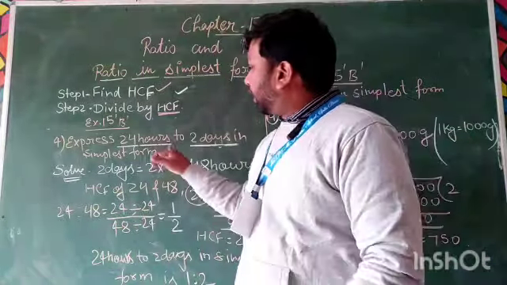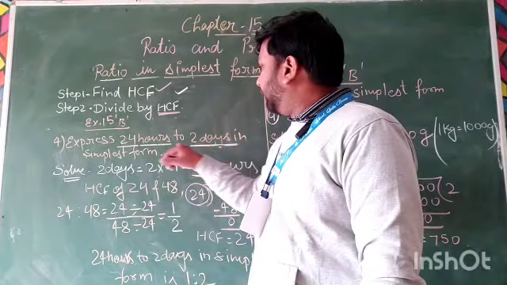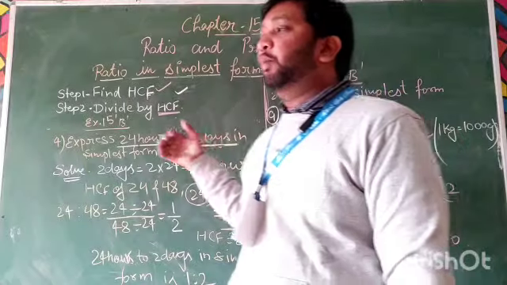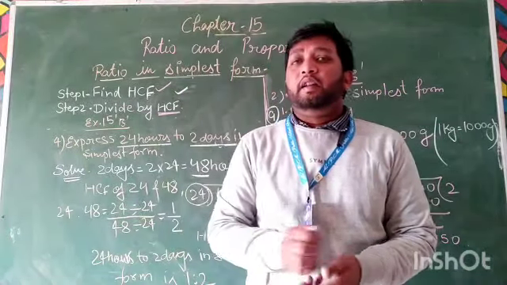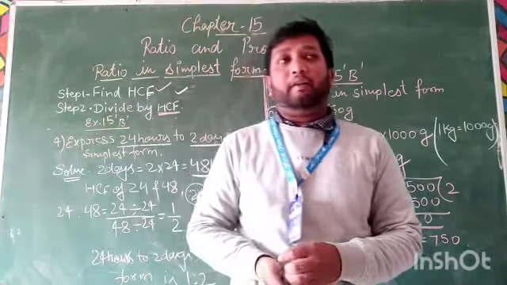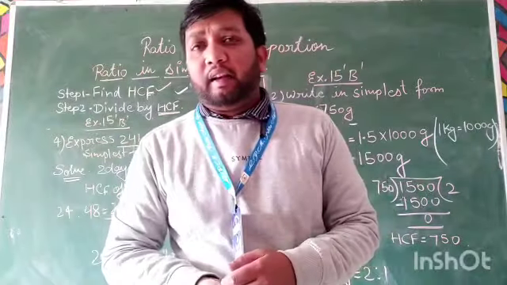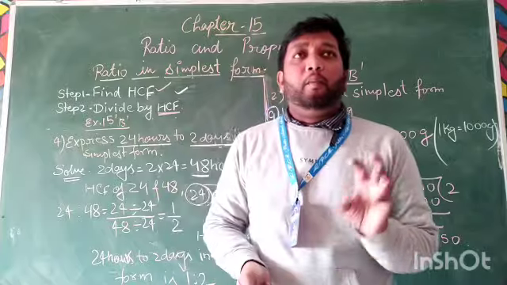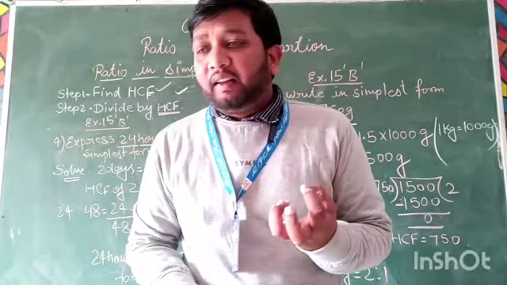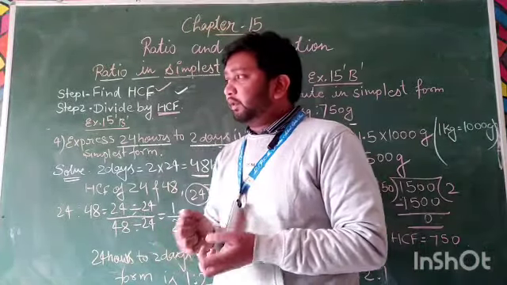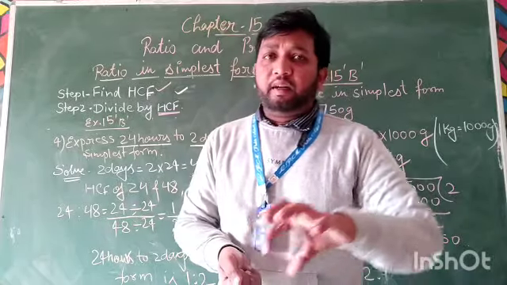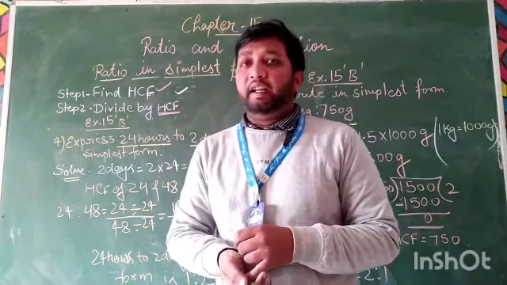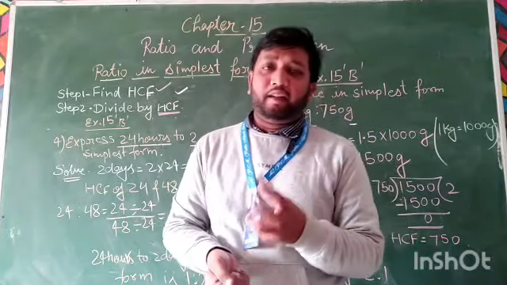If there are hours, then there should be hours. If there is day, there should be day. If there is minute, then the second quantity must be in minute. If the first quantity is in second, then the second quantity must be in second. If one is kilometer, then the second quantity must be in kilometer. Both the quantities must be the same. We cannot write different quantities in different units and find the ratio in simplest form.